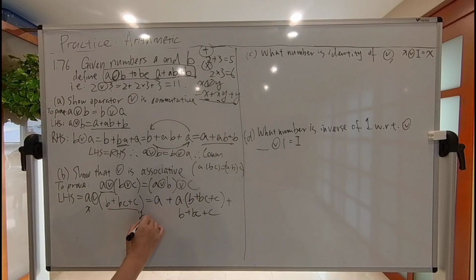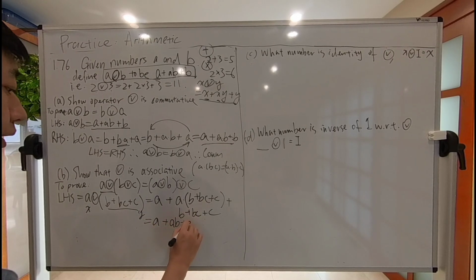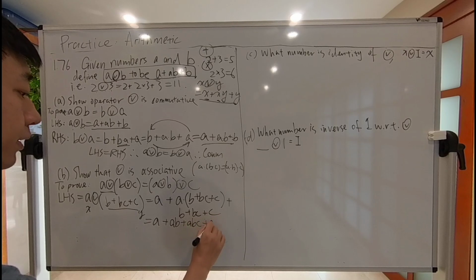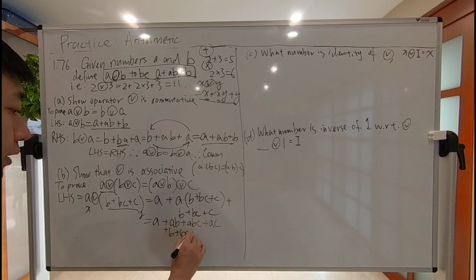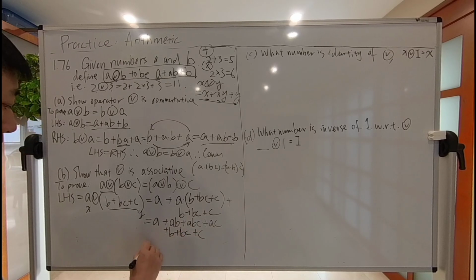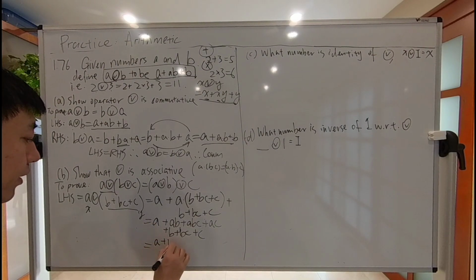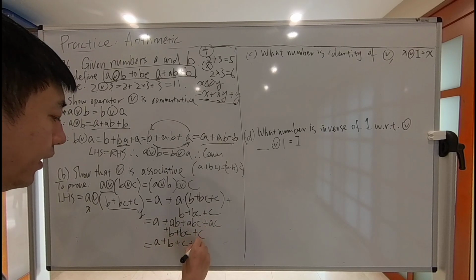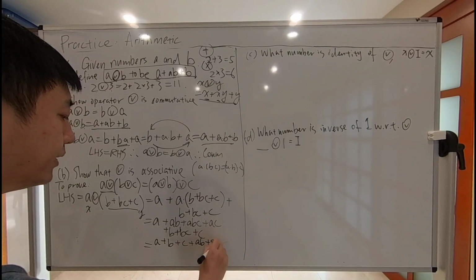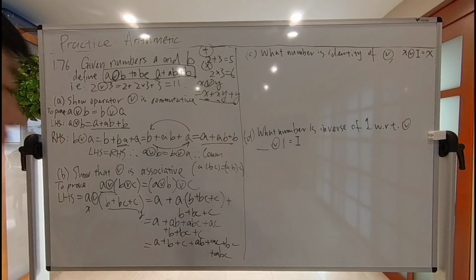And then this can be simplified as A plus AB plus ABC plus AC, and then plus B plus BC plus C. And then I might just reorganize this a little bit to put the single items in the front: A plus B plus C, and then the double terms next: AB plus AC plus BC, and then I have one term ABC.